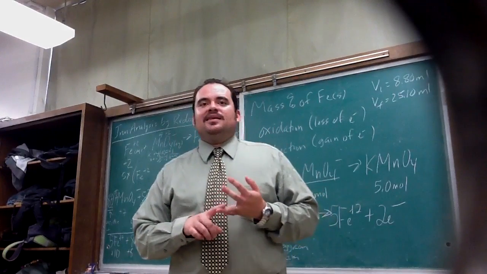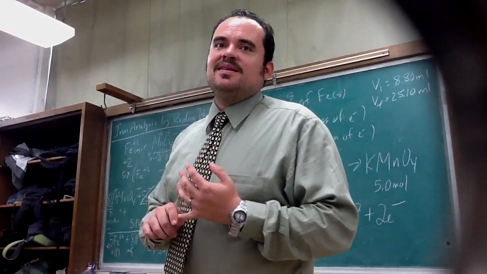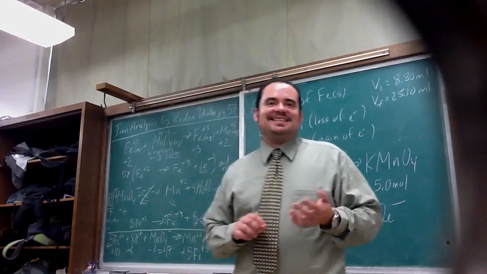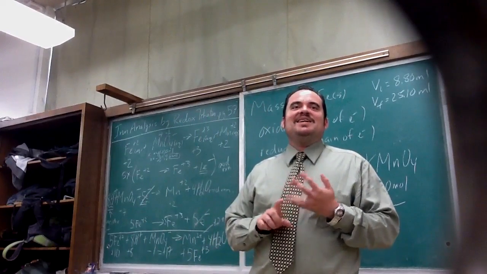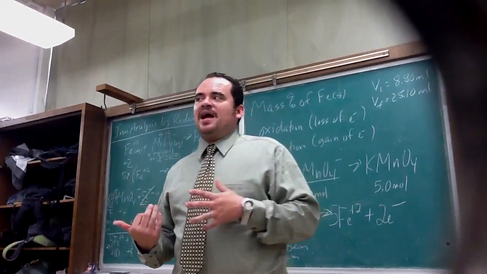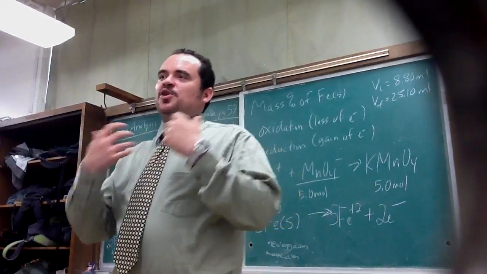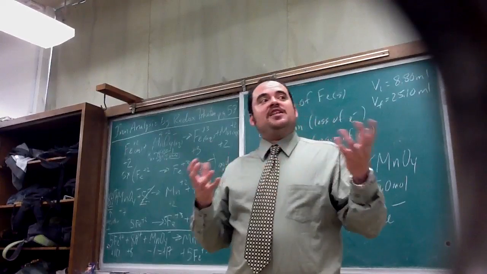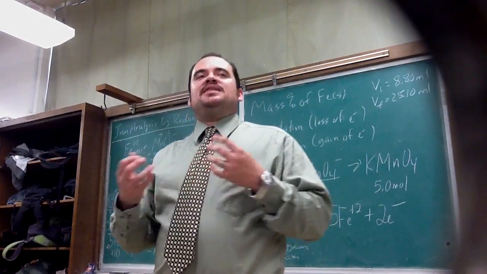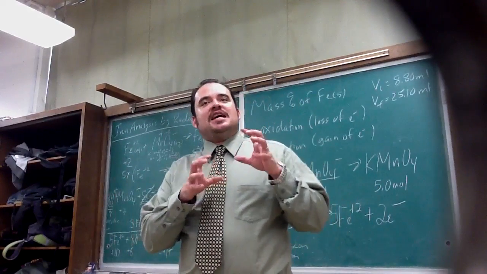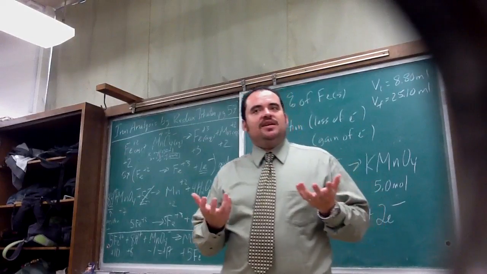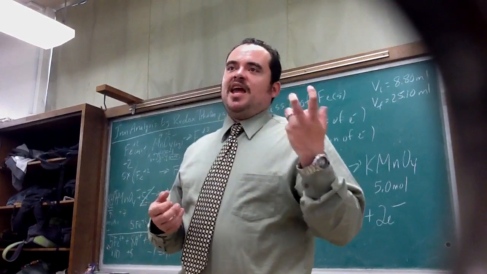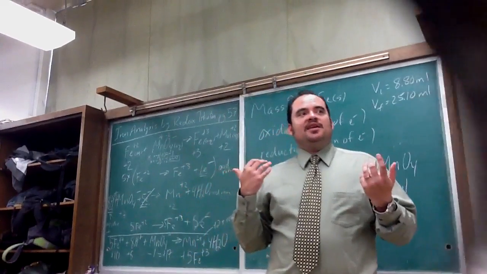Well, permanganate ion is 1 mole per mole of potassium permanganate. So you have potassium permanganate, right? You take that and throw it into water, what happens to it? It dissociates 100%. Remember, it's ionic. So they do dissociate 100%. You have K plus ion and the permanganate ion.